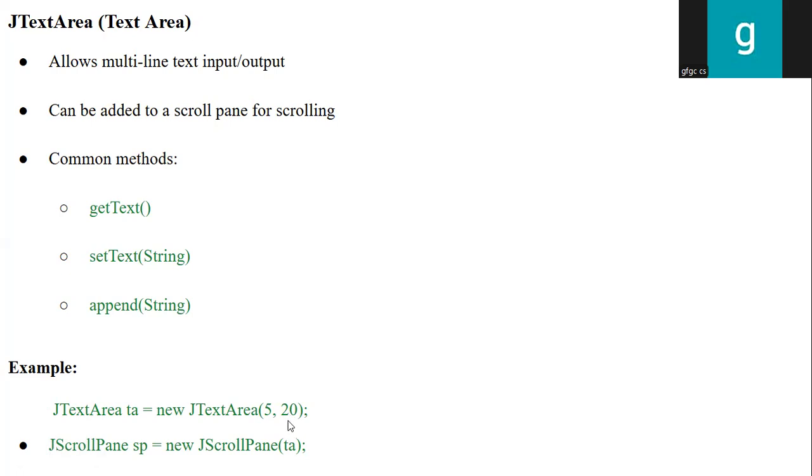I have created five lines, and for each line the limit is 20 characters. A scroll pane is used when the text area goes beyond the visible area; then a scroll bar should appear for that text area. For that I have used the scroll pane.